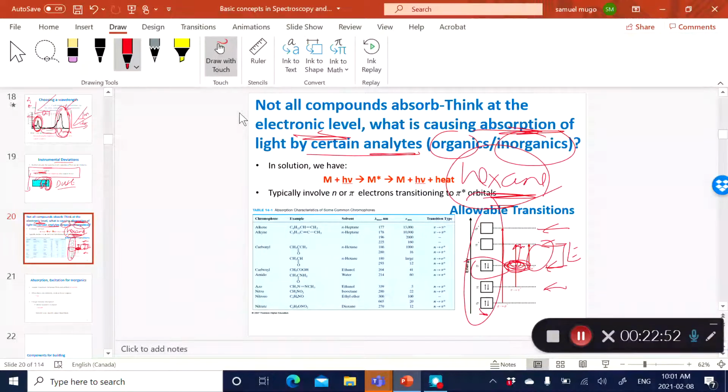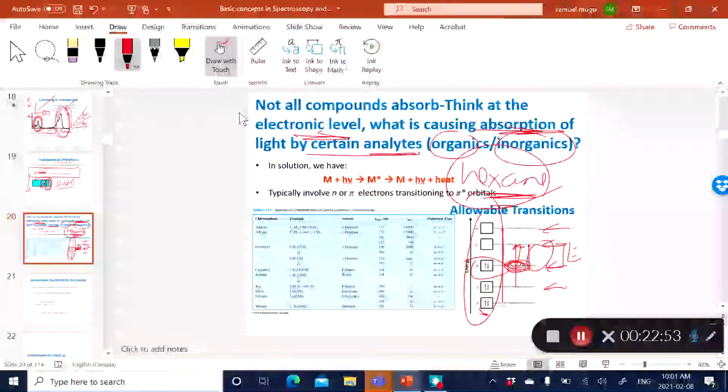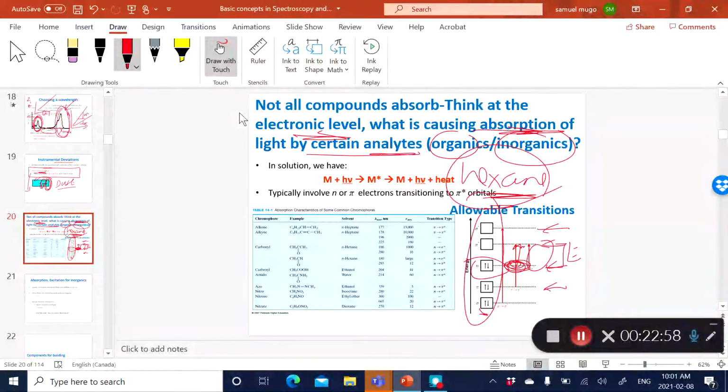Similarly, if I've got pi electrons, the case for any unsaturation in the compound, it's fairly easy to transition from here to the pi star again. The energy gap is not very large. On the other hand, in the case of hexane, I've got just the sigma electrons.